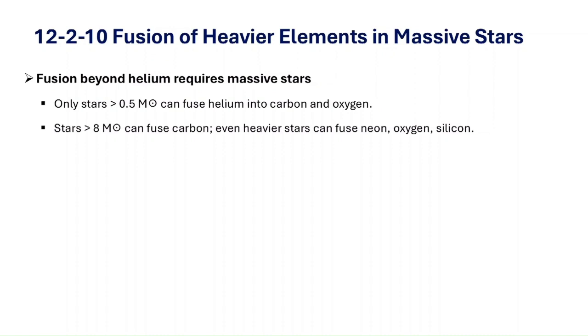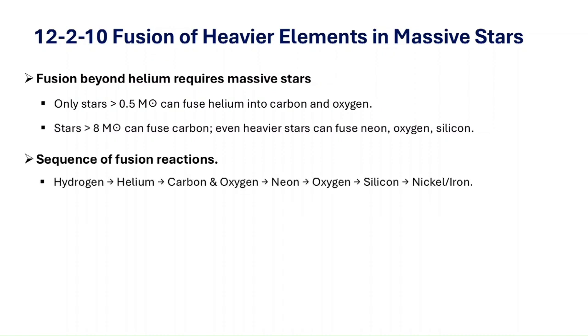And even more massive stars can fuse neon, oxygen and silicon, producing progressively heavier elements. So the mass of the star determines which nuclear fuels it can access and consequently which elements it can create.